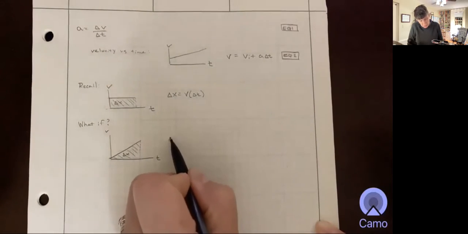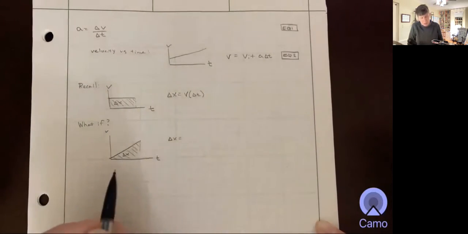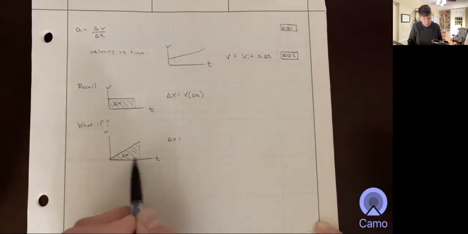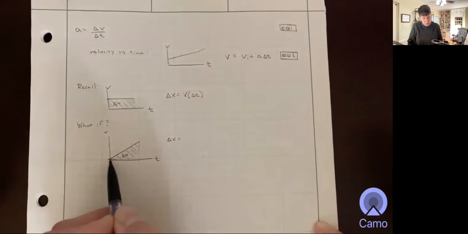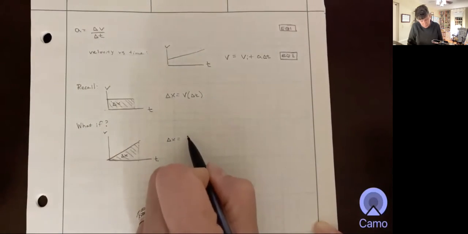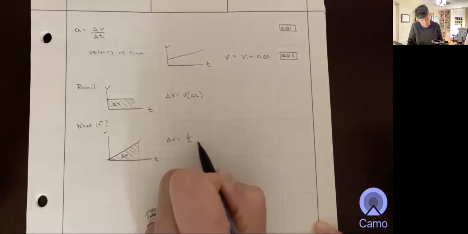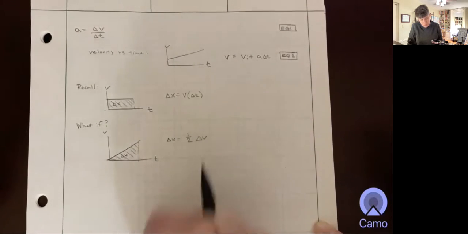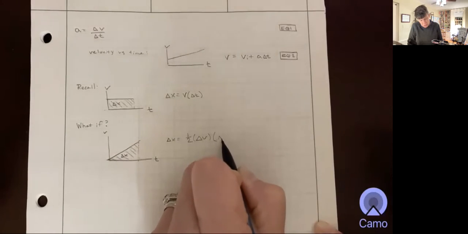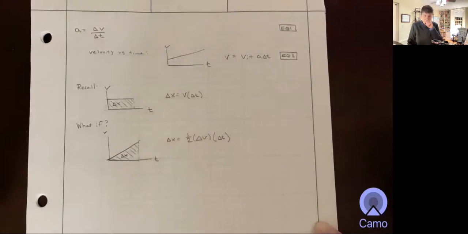The displacement, let's think about how we can write this. That's a triangle. It's 1/2 base times height. So the initial velocity here is 0. The final velocity is some number. So it's 1/2 times whatever the amount the velocity changes, times however much time goes by, right?